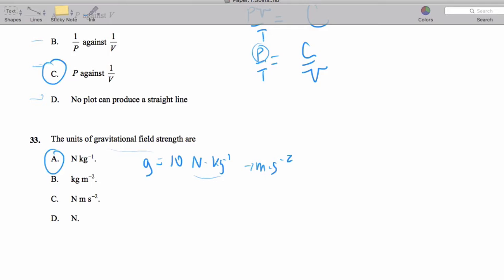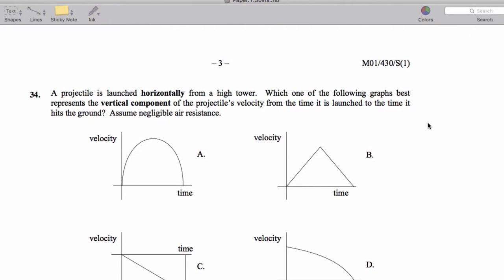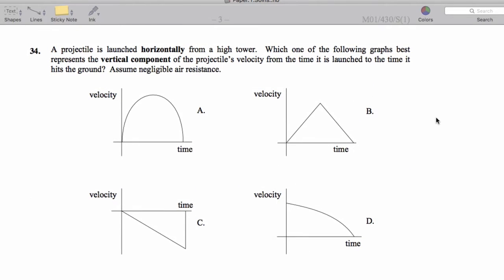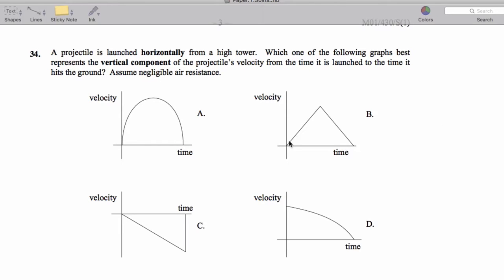All right, 34. A projectile is launched horizontally from a high tower. We want to know what represents the vertical component of the velocity. So if we're looking at the vertical component, it starts with a vertical speed of 0 and then gets faster and faster going this way, so it's c.